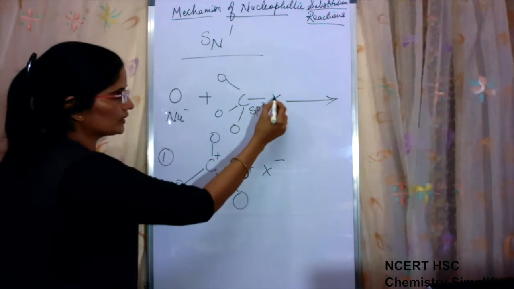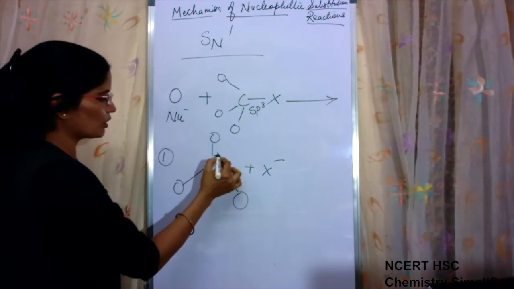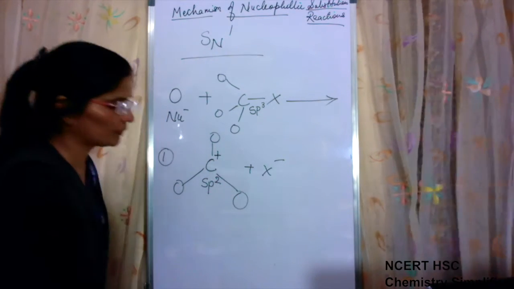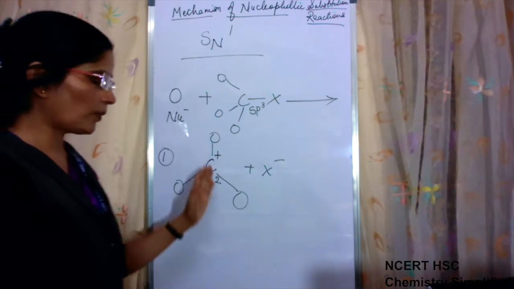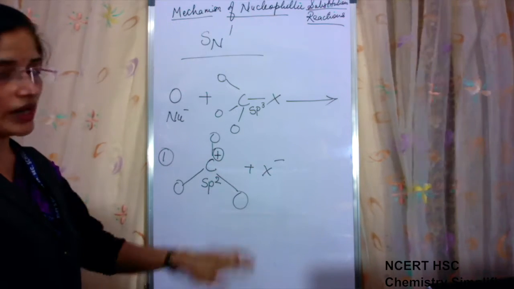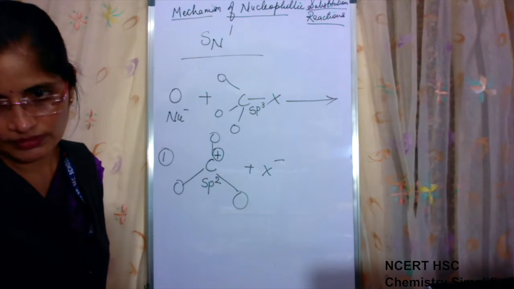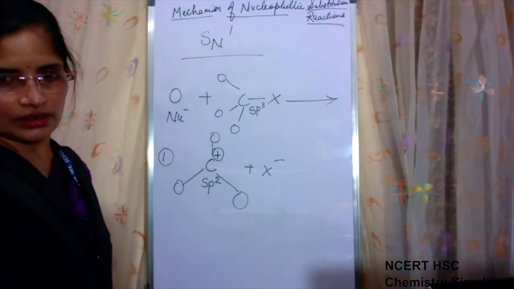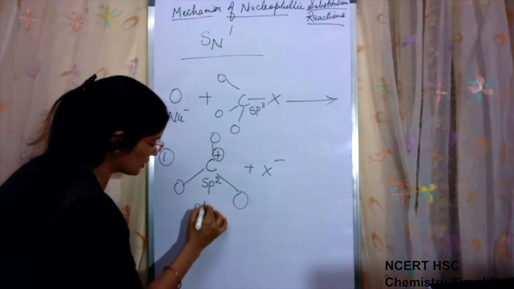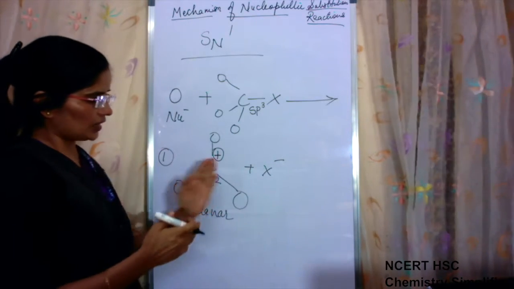But when this carbon atom leaves X negative and is left with 3 bonds and 1 positive charge, the hybridization becomes sp2, not sp3. Still all bonds are single, but because of the cation it becomes sp2 hybridized. Whenever sp2 hybridization is there, the geometry is planar.